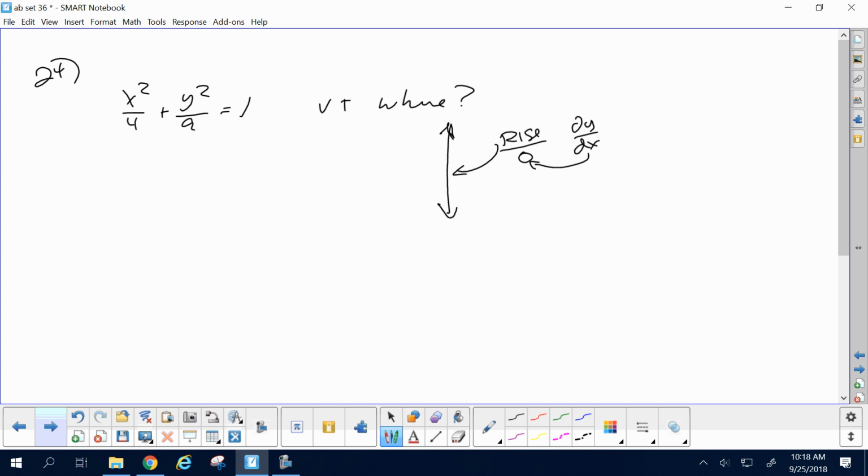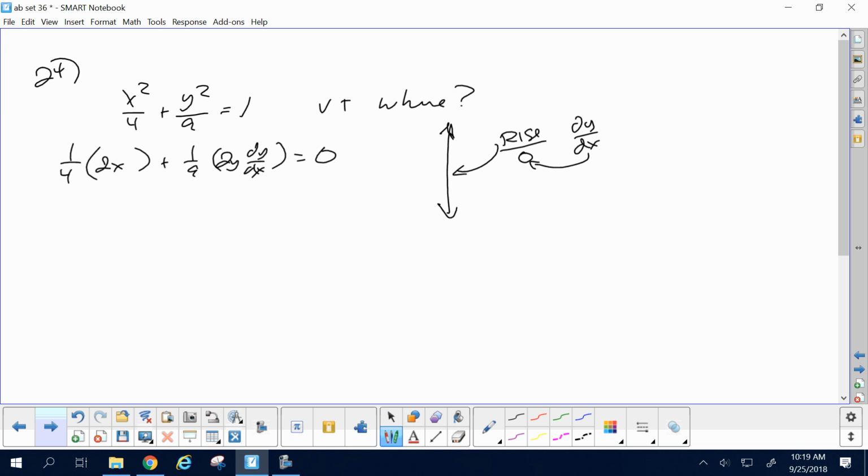That's what makes a vertical tangent if there's rise but no run. So let's start with the derivative. 1/4 is a coefficient. What's the derivative of x squared? 2x. 1/9 is a coefficient. What's the derivative of y squared with respect to x? 2y dy/dx. Awesome. Equals the derivative of 1, which is 0.